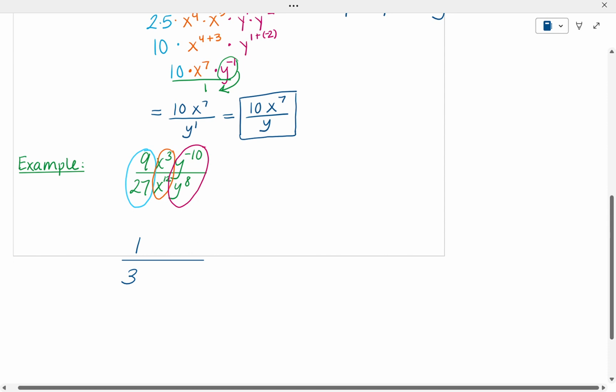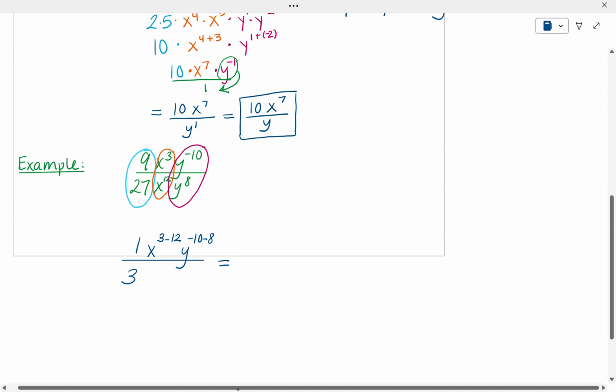1 over 3, and then this becomes x. And when we're doing the subtraction of the exponents, we automatically put the variable in the numerator. So this is x to the 3 minus 12. And then we have y to the negative 10 minus 8.